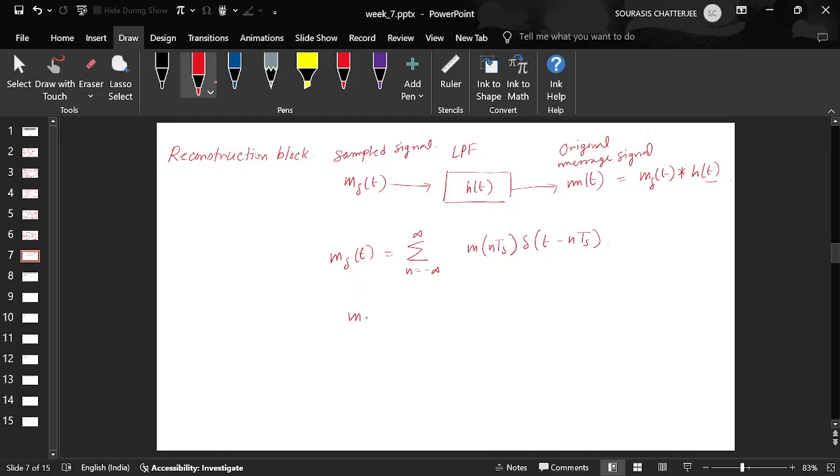So when we convolve this with this sinc function, that is the time domain response of this low pass filter, fs t, we'll have as follows: sum over n from minus infinity to infinity, m(nTs), which is a constant part, sinc fs t.